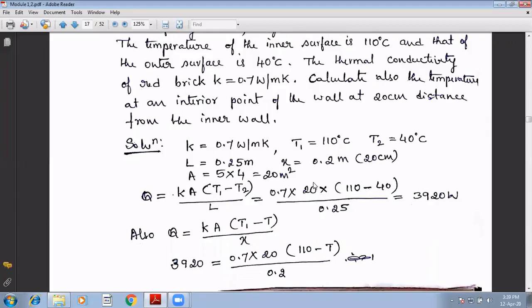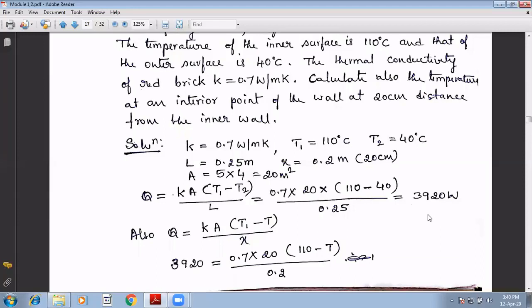If you apply the conduction equation, Q is equal to kA into (T1 minus T2) divided by L, where L is thickness 0.25, k is thermal conductivity, A is the area perpendicular to which the heat is flowing. Now that is 20. If you substitute the values, you will be getting 3.92 kilowatts.